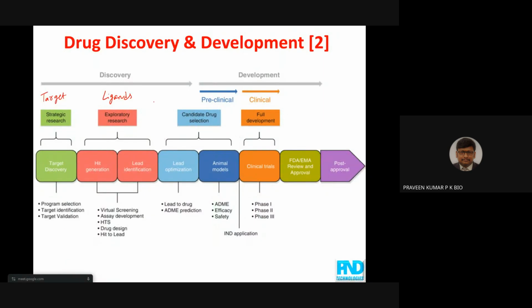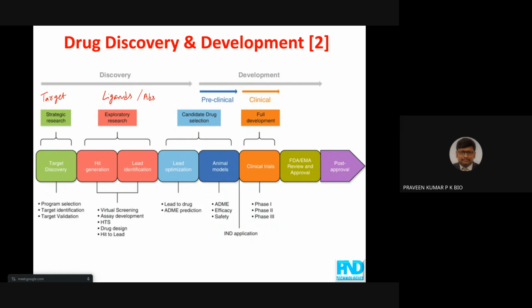But even if you see diseases like cancer, we majorly focus on antibodies, isn't it? So antibodies, and even DNA binding proteins, RNA binding proteins. So we use different things, peptides, lipoproteins. All these things can also be used in the form of ligands. But if you see a small molecule as an example, initially we go with hit generation, then we go with the lead identification.